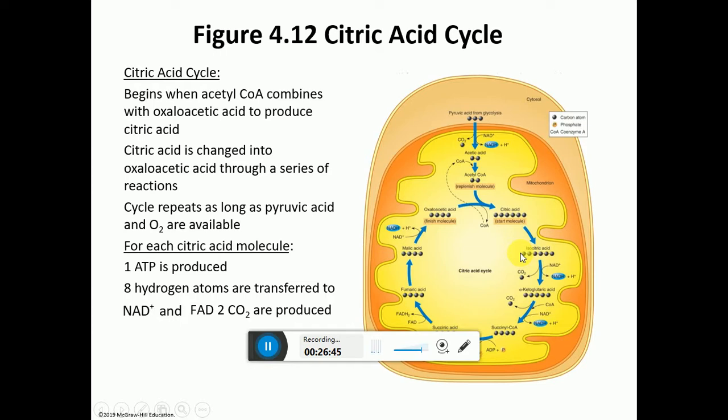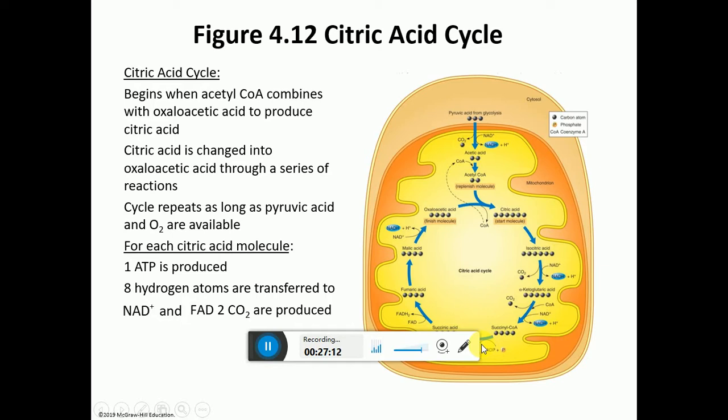Okay, we don't really have to know all of these intermediate chemicals, their names, but you do have to be familiar with where the pyruvic acid came from. What are the conditions for it to enter the mitochondria? Is it presence or absence of oxygen? And it changes to acetyl-CoA and combines with oxaloacetic acid to make citric acid, and that's how the citric acid cycle starts.